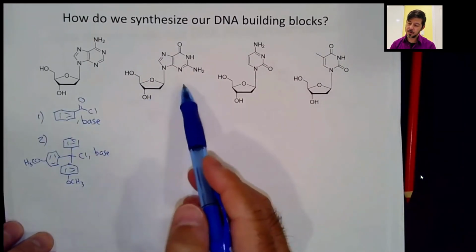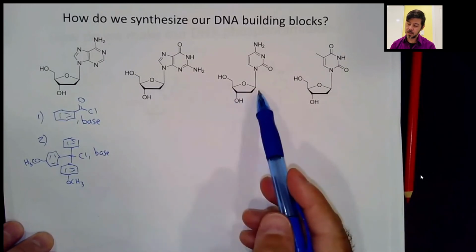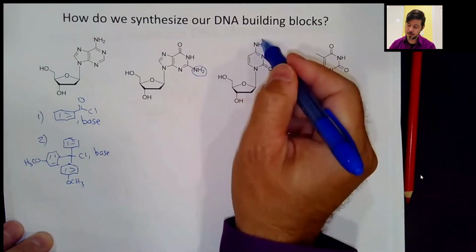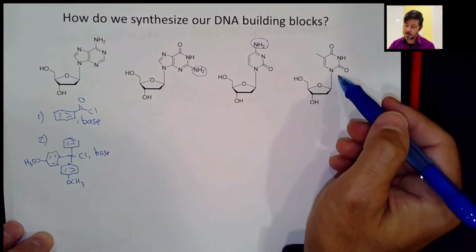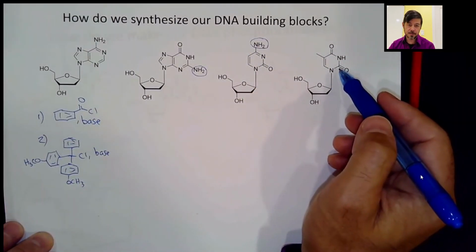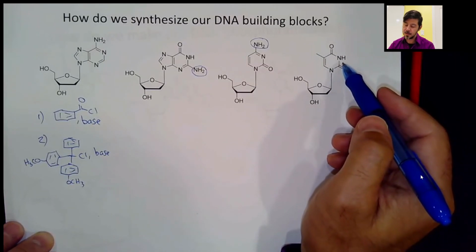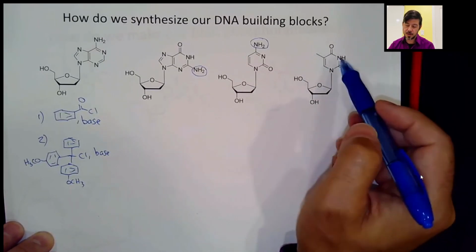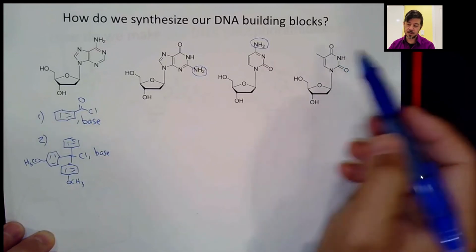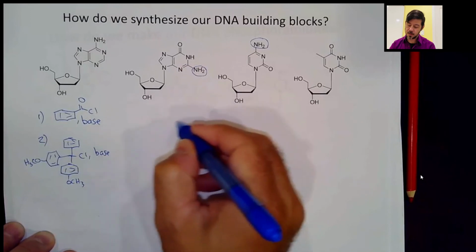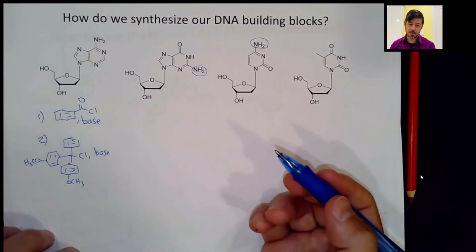So you can see here that with guanidine and cytidine, you also have this exocyclic amine. With thymidine, you don't actually have an exocyclic amine, so you don't need to worry about using a benzoyl group on this molecule here, but these ones you do. So for these ones as well, you're actually going to do the same type of chemistry.